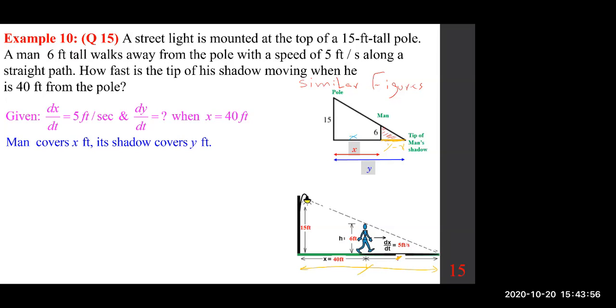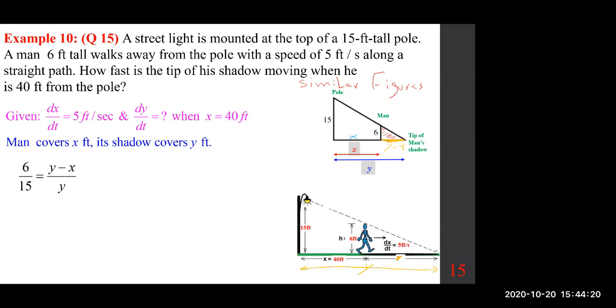If you choose the other part to be y, then we have y over x plus y, so it really depends how you write it. I think it's easier if we choose the whole thing to be y, therefore this little part is y minus x. So the ratio of 6 to 15 is the same as y minus x over y.